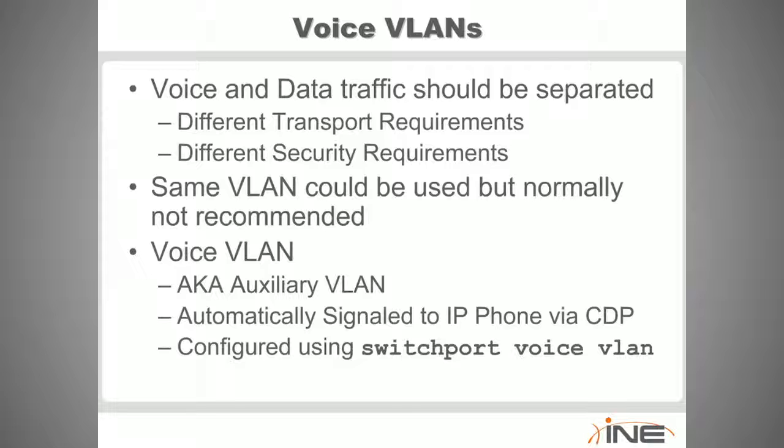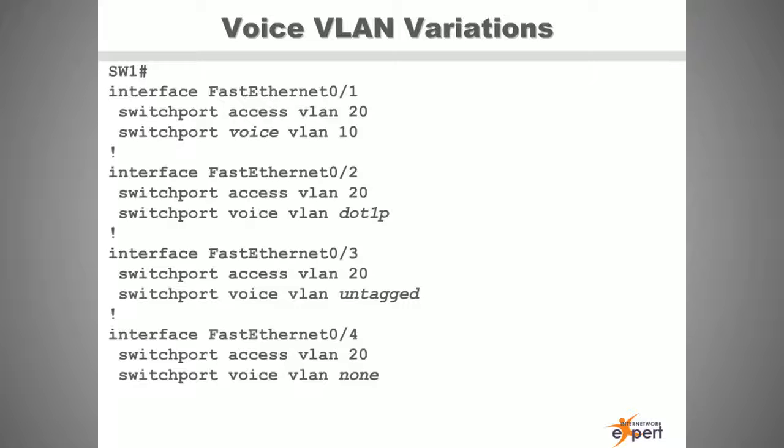So a couple different examples here. If we were to say switchport access vlan 20 and switchport voice vlan 10, this tells the phone to mark its packets with a .1Q header of 10 as they're received inbound. So anything that is not received with 10, we're assuming it's part of the access VLAN.